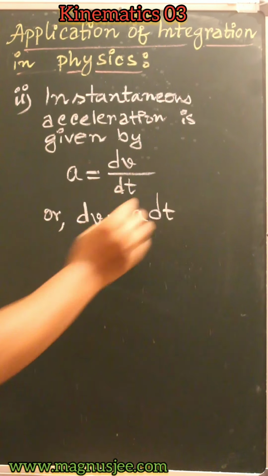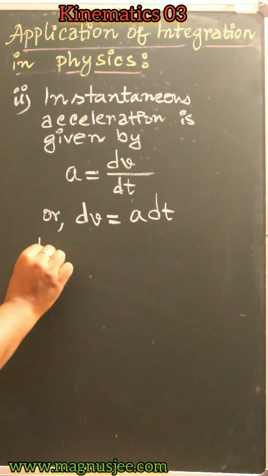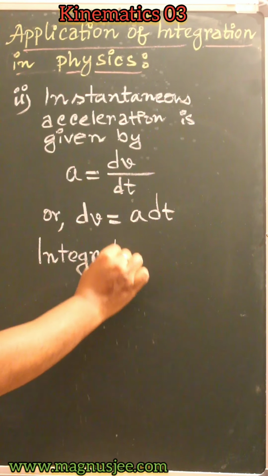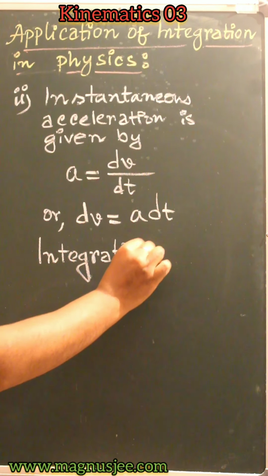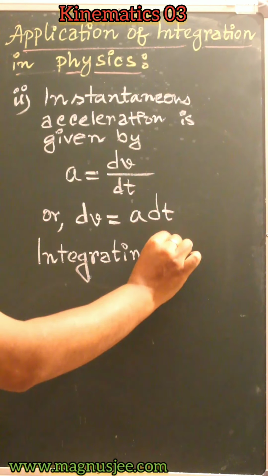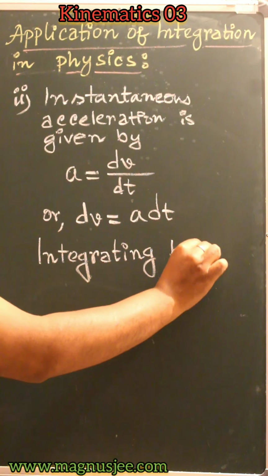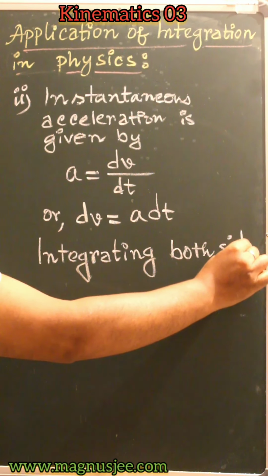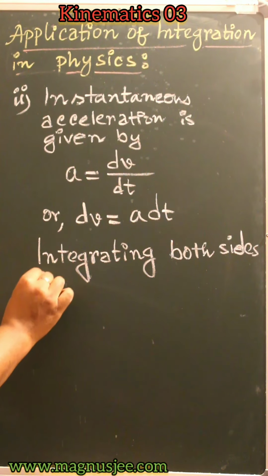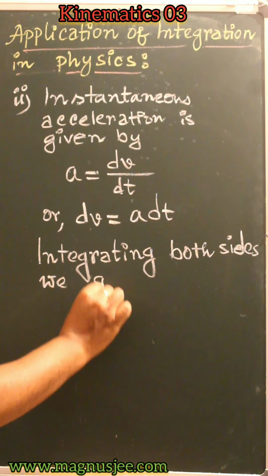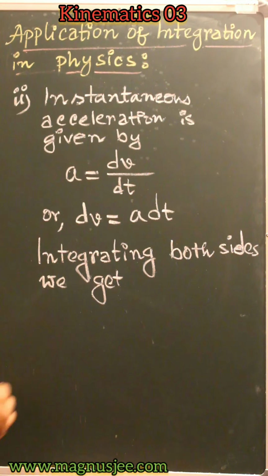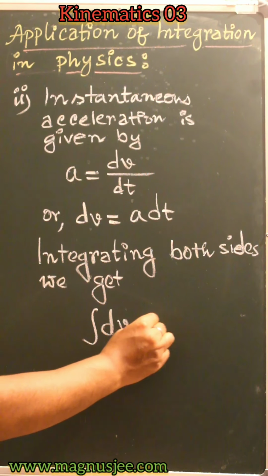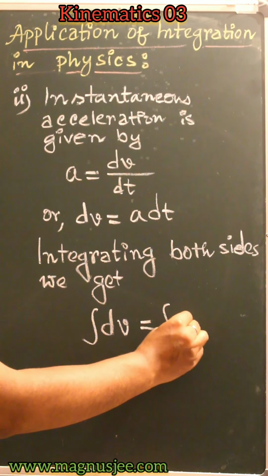Integrating both sides, we get integration dv equal integration a dt.